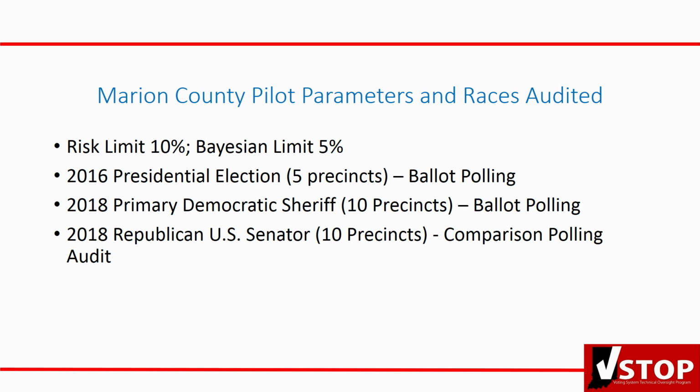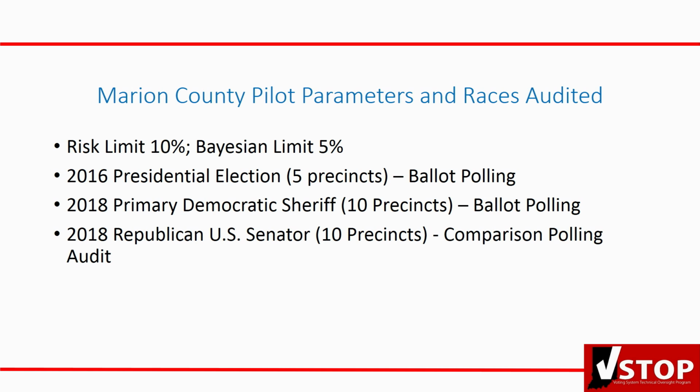I won't talk about the actual specifics of the risk limiting audit per se, because you heard a lot about it, and you actually did a simulation here of the risk limiting audits. Briefly, with the help of Jerome and Ron and Mayuri, we chose 3 races in several precincts to do our pilot.